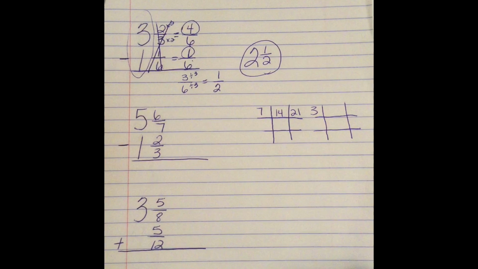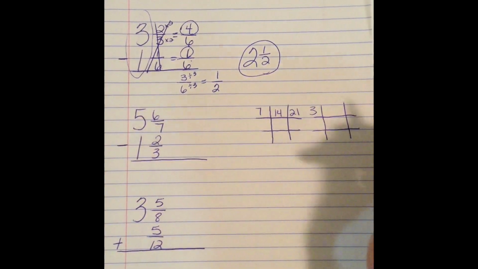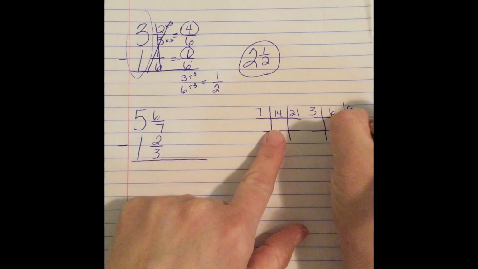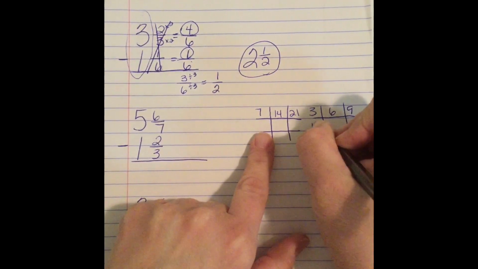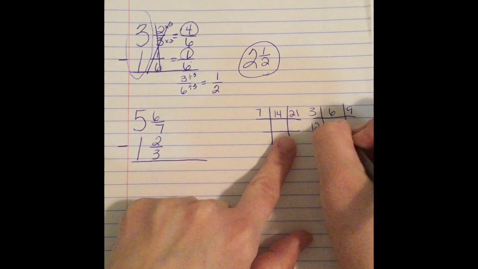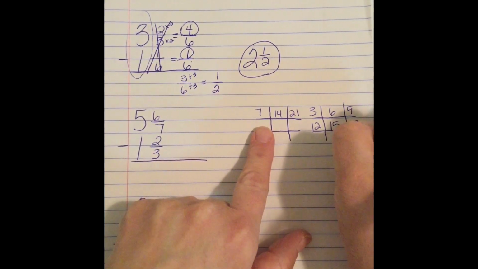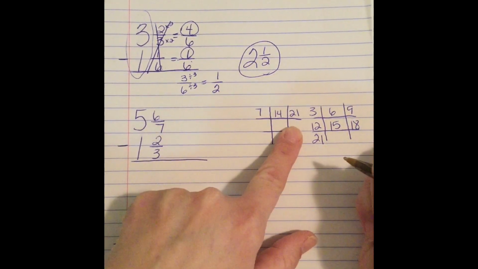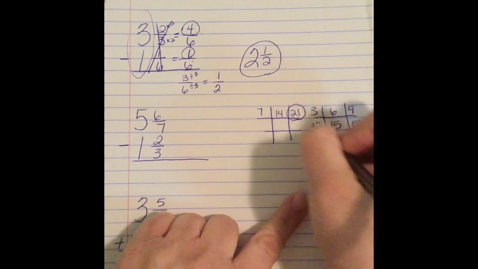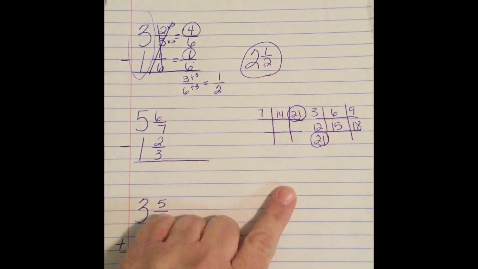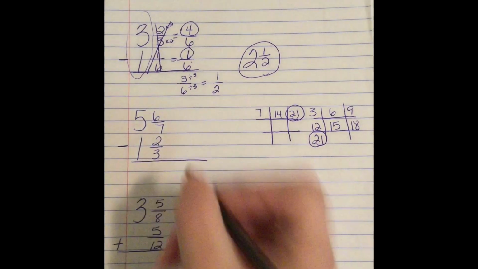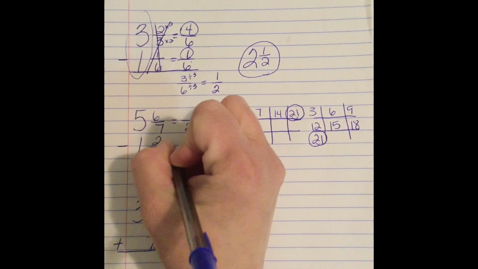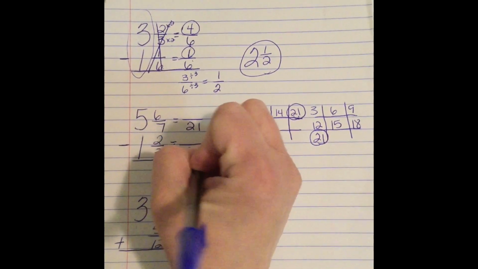Okay, so I'm going to stop there, and I'm going to fill in the 3s, because the 3s are going to take longer. 3, 6, no. 9, no. 12, no. 15, no. 18, no. 21, yes. So I'm looking at it as I go. 21 is the smallest number both 7 and 3 have in common. So that means I'm going to make equivalent fractions with 21 as my denominator.